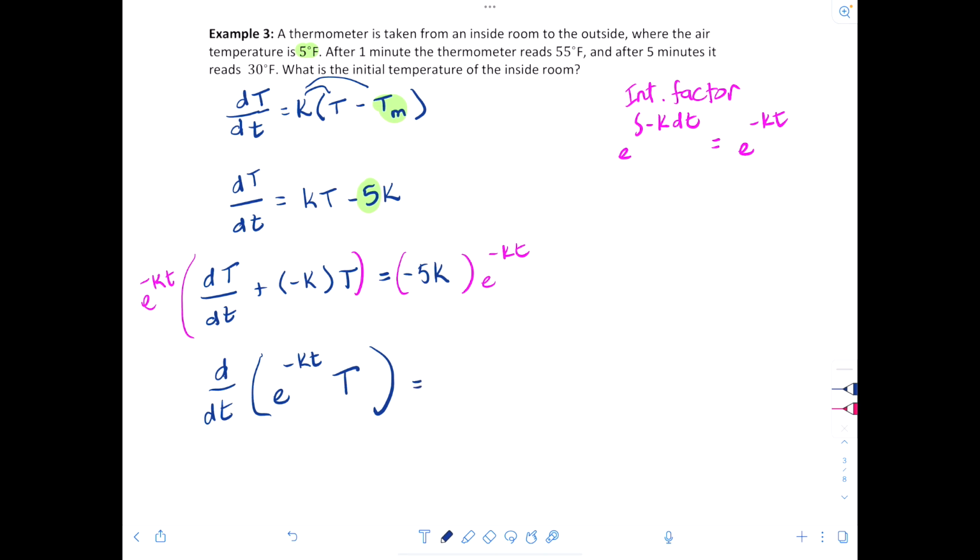So that's going to equal negative 5k e to the negative kt. And then setting it up for integration, we'll have the integral of d/dt of e to the negative kt T dt equal to the integral of negative 5k e to the negative kt with respect to time.